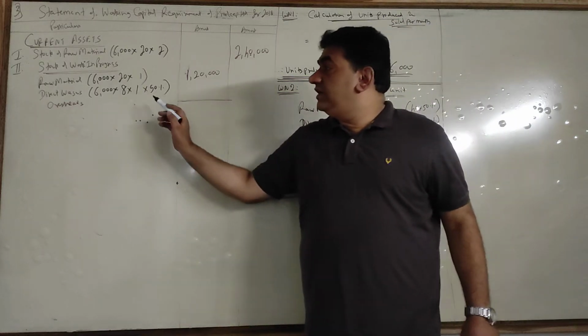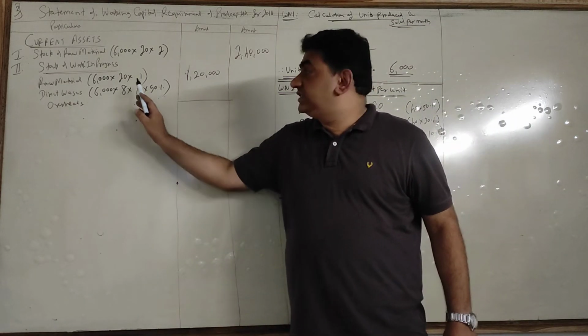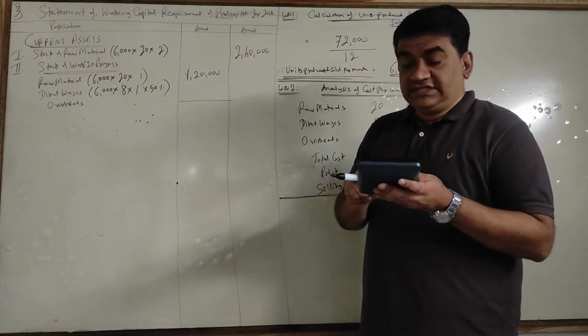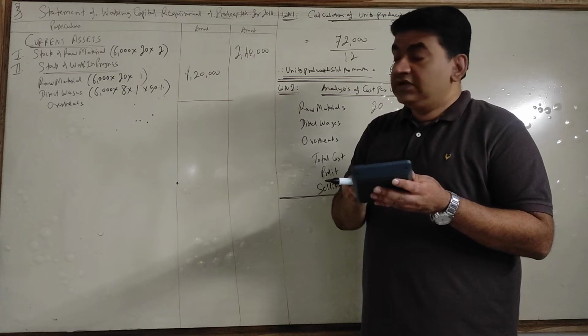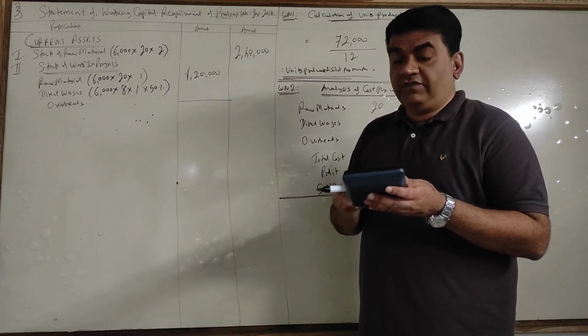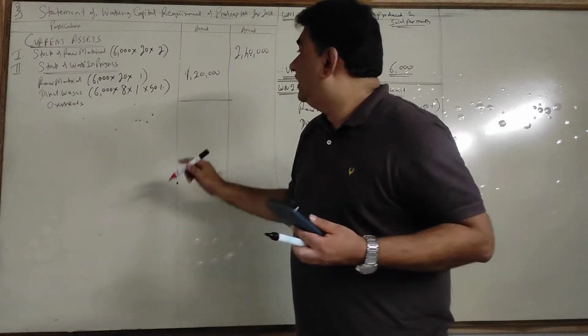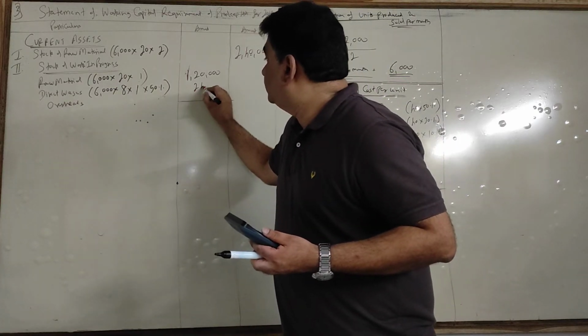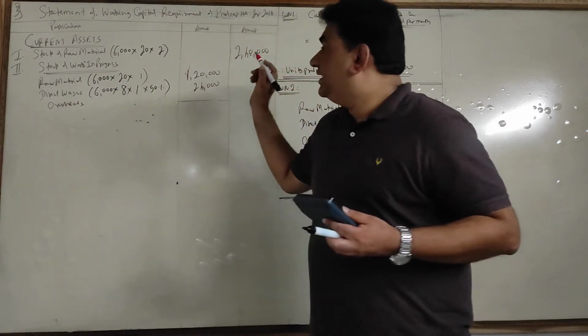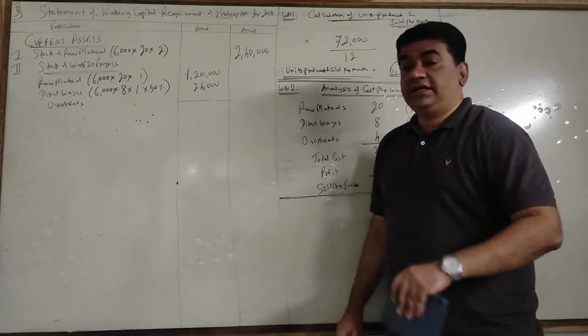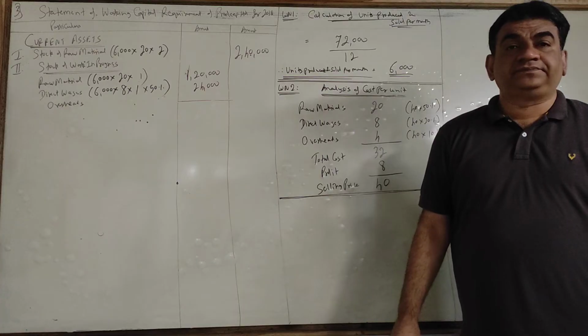Remember, it will be only for wages and overheads, not for material. Getting it? So wages and overheads for the purpose of WIP will be taken at half. So wages component of WIP will be 24,000.